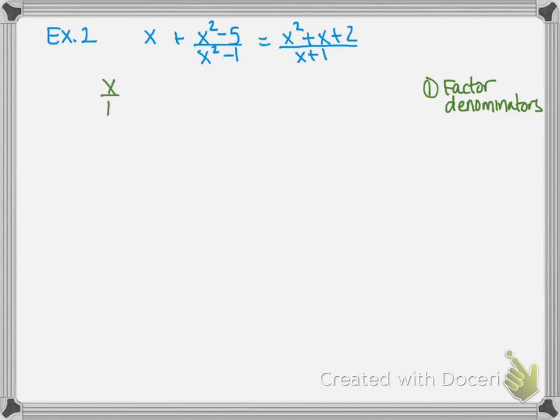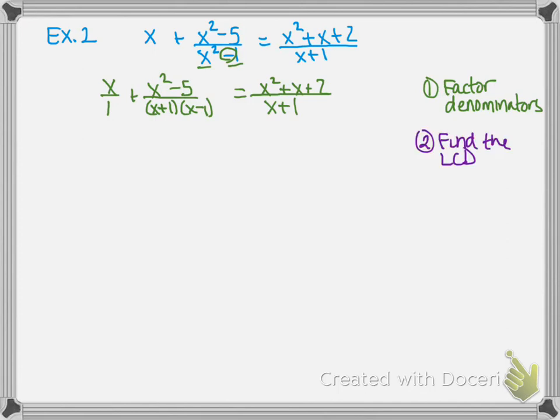So x we can put over 1 for now, plus x squared minus 5, and the denominator factors because we have a perfect square with a minus in between. We put 2 parentheses, the square root of x squared, the square root of 1, and 1 gets a plus and 1 gets a minus, equals x squared plus x plus 2 over x plus 1, because that can't be factored anymore.